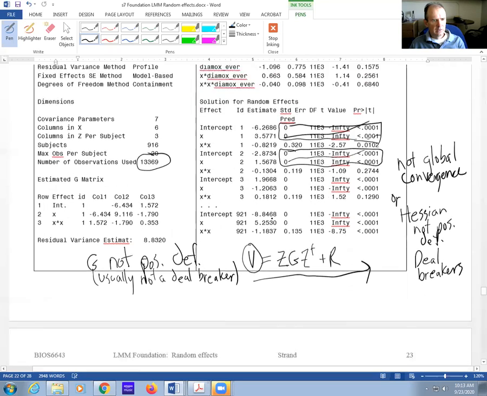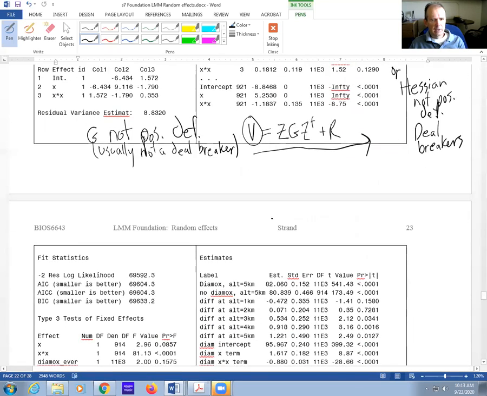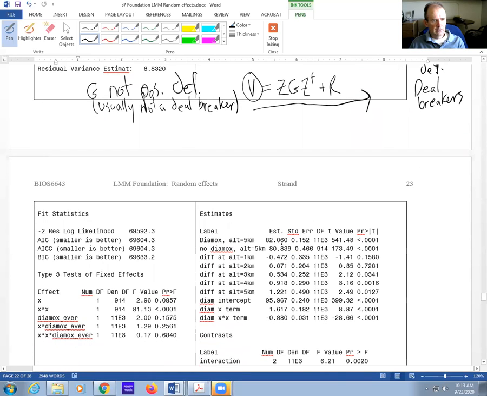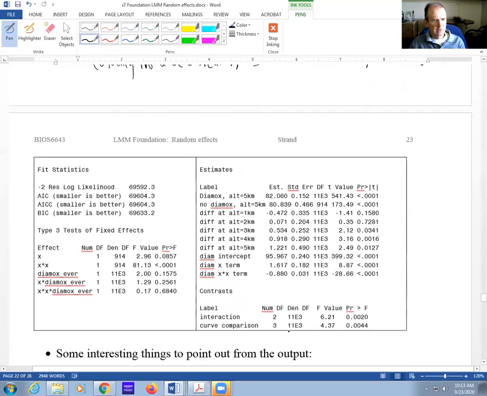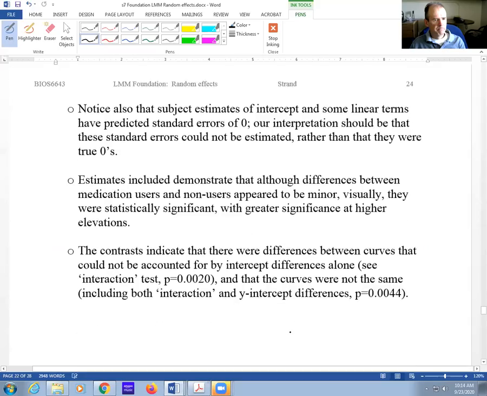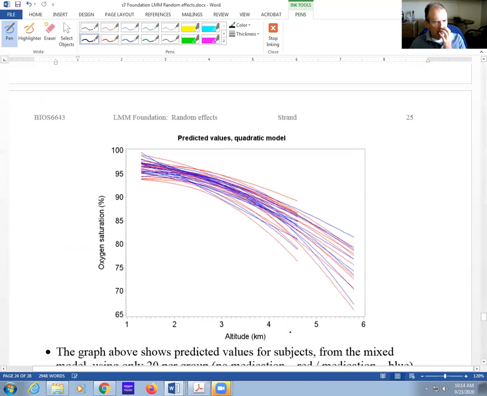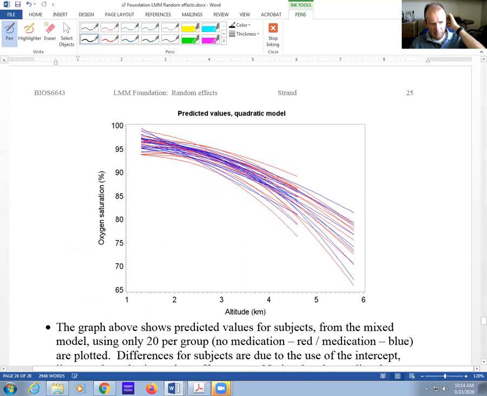I show a few examples. I'll get to that in a second. So we have the estimates and the contrast based on the tests that I wrote before. And Carrie, for the question that you just asked, here I plotted all of the predicted values. These are the subject level predicted values.